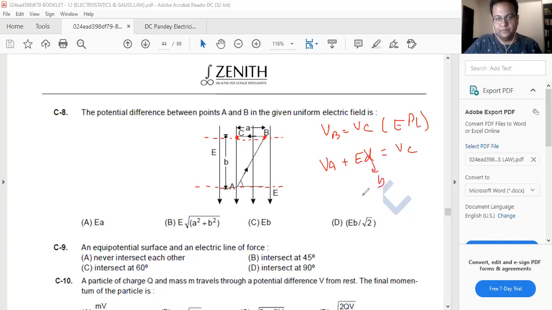B. So I get VC as what? I get मेरे को निकालना है potential difference, right? तो potential difference VC minus VA can be written as E into D. और जो पोटेंशियल सी पे है वही पोटेंशियल बी पे है, तो VB minus VA is also E into D. देखो समझ में आया है?